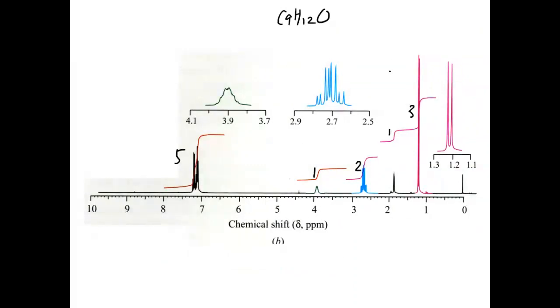So again, this one's a methyl, so this is going to be CH3. And this one, 5 aromatic protons. Forget about the complicated shape, okay? So 5 aromatic protons, so it's a monosubstituted benzene, okay?